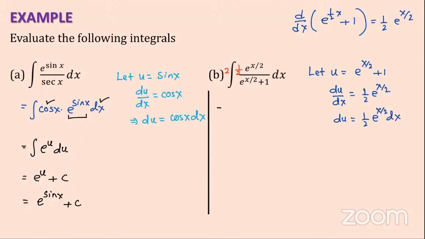The 2 is outside, you can keep as it is. In the denominator, e to the x over 2 plus 1 becomes u. Now in the numerator, everybody look at the screen. We have half e to the x over 2 dx, but we know that half e to the x over 2 times dx is a du. So for all this in the numerator, we can write that as du.